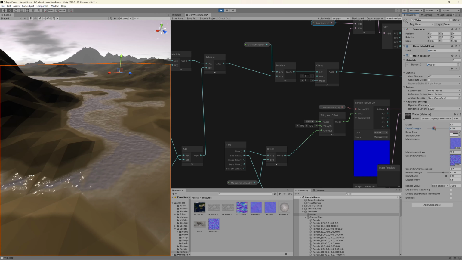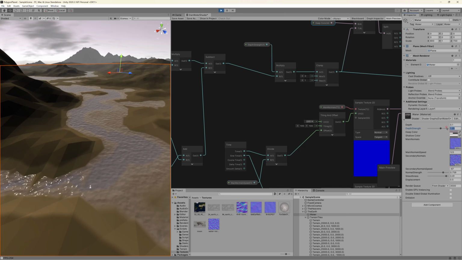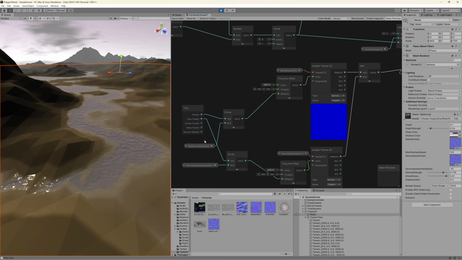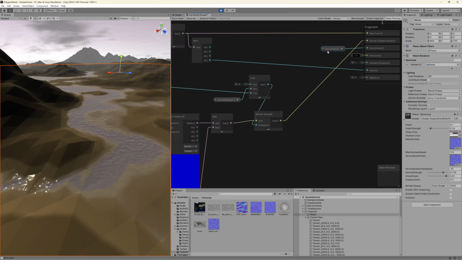If I change that, you can see the effect that maths is having on our transition from one color to the other. I think I had that at 0.24, which is the way I like it. That's the base color. We've got smoothness up at 100% at the moment.